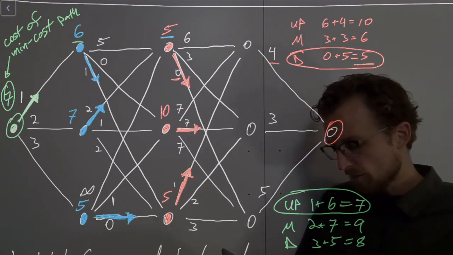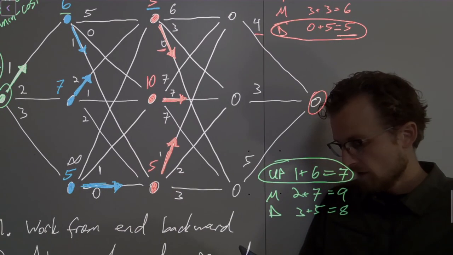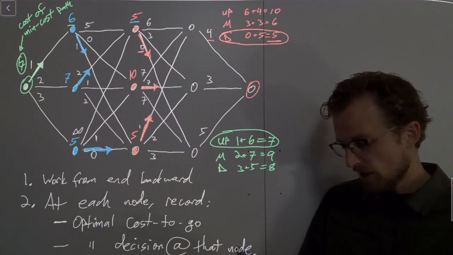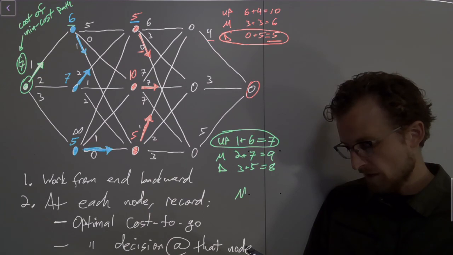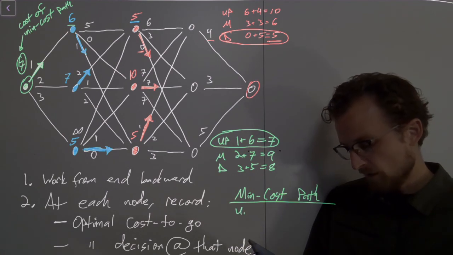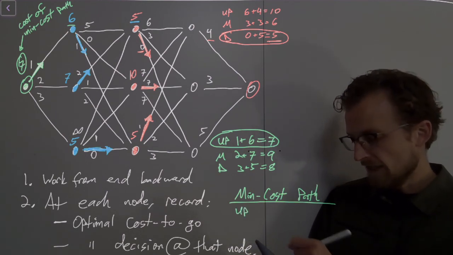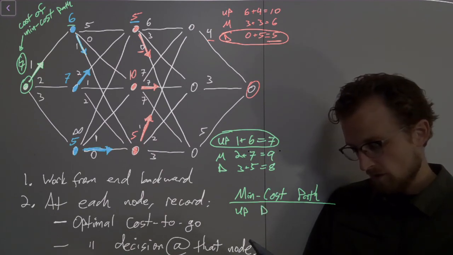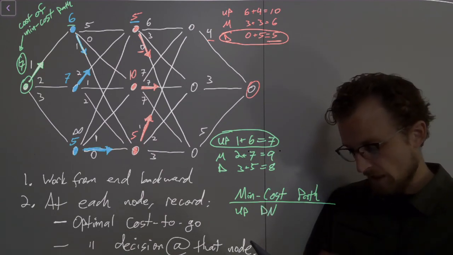Right? So what is my minimum cost path? Well, the minimum cost path is just the thing that follows the arrows. So here's my min cost path. Well, it's up. That's what my first arrow says. Then it's down, that's what my second arrow says. And then I'm here and it's up again. So up, down, up.